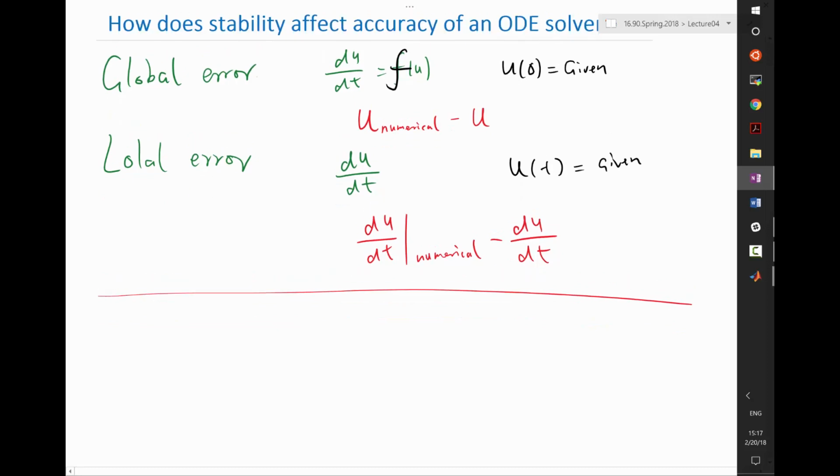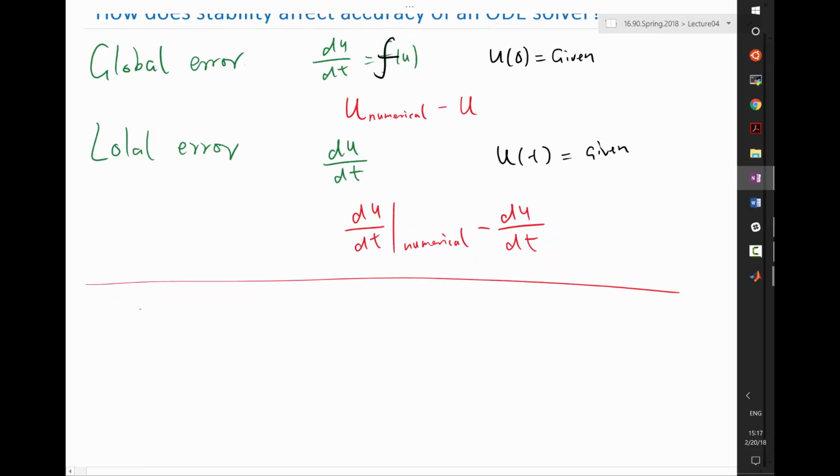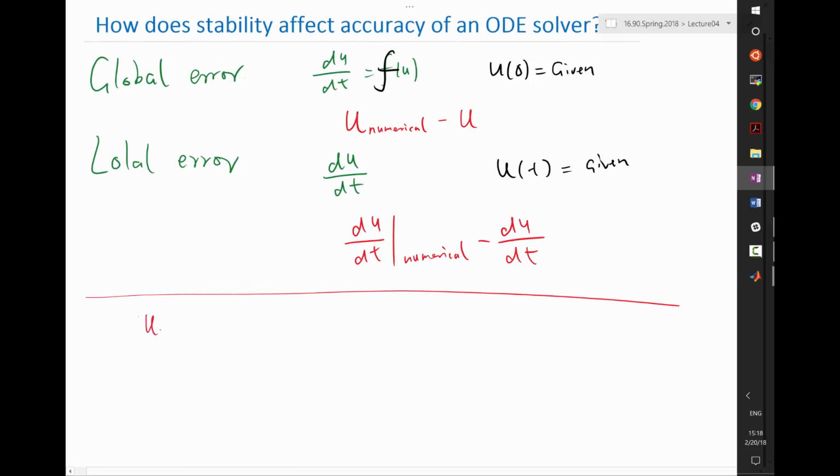If we have du/dt equal to f of u, and we are writing down a scheme, for example u^{n+1} is equal to a particular linear combination: something times u^n plus something times u^{n-1}, and so on, plus something times f of u at some point, let's say n.